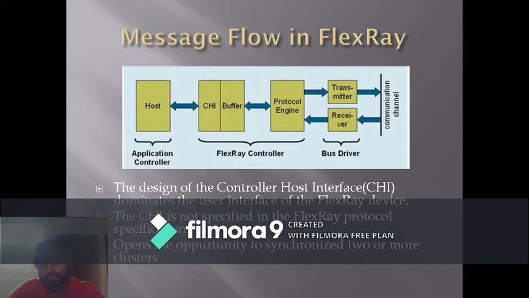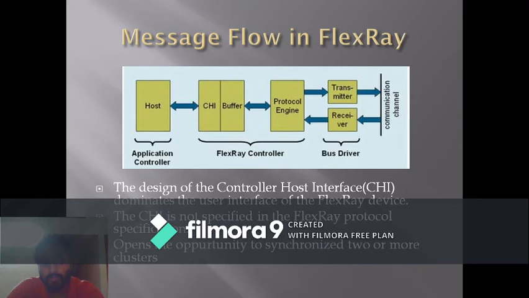It is also used for clock synchronization. The CHI, the controller host interface, is used to interface between the host and the controller to control the command and message interface. It is also responsible for handling the configuration and status data, and the message buffers for transmission and reception of data frames.